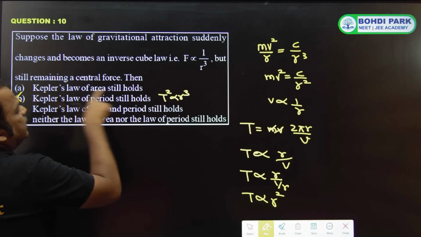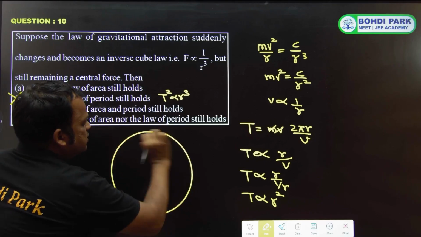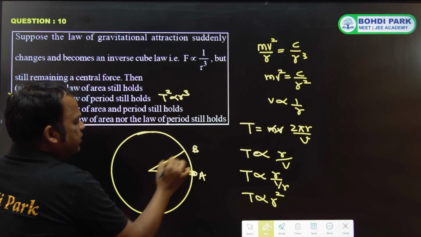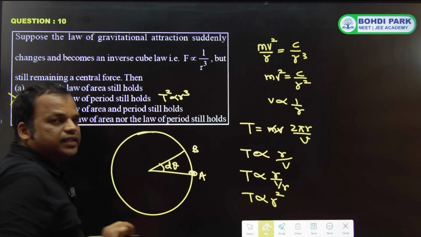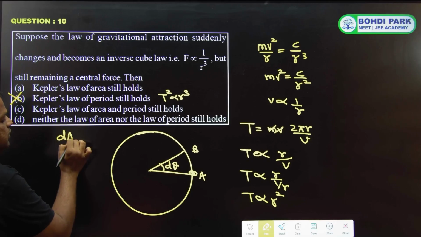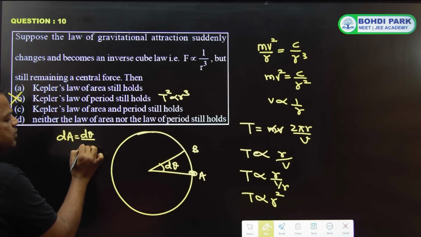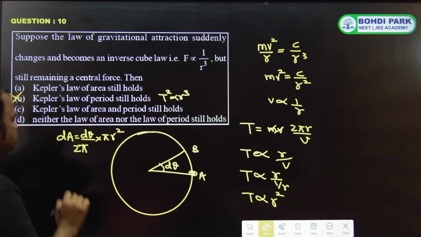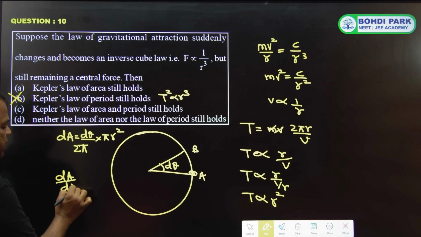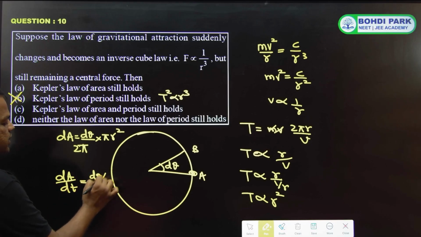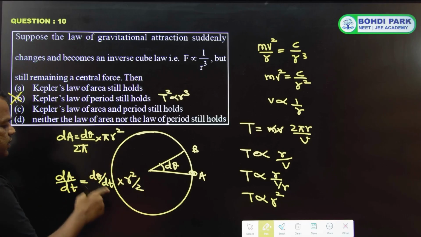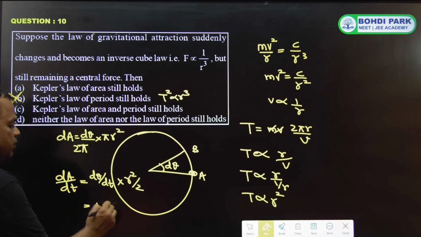Now how to find the area? So you know, suppose this is the circle, and the planet goes from point A to point B. The angle covered is d theta. So the area is equal to d theta by 2 pi into pi R square. So when we calculate dA by dt, it will be equal to d theta by dt into R square by 2. Okay, pi cancel, and d theta by dt is omega.